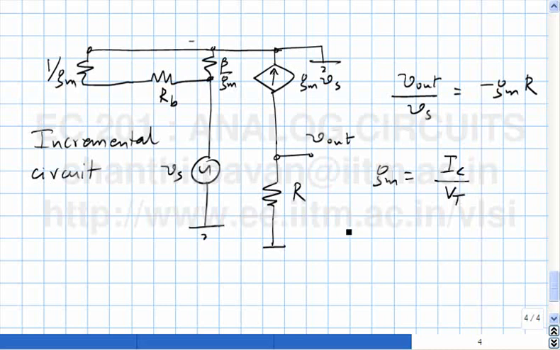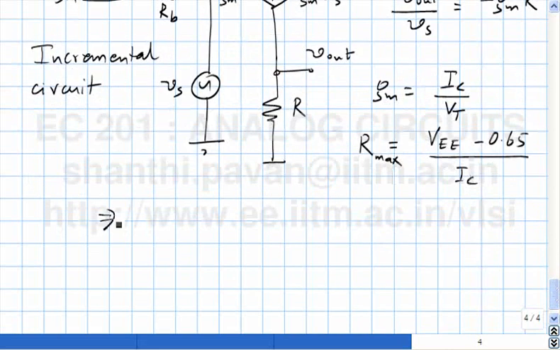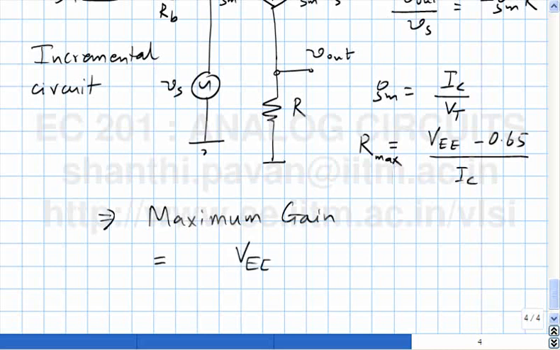So the maximum value of R I can choose is VEE minus 0.65 divided by IC. So the maximum gain is given by VEE minus 0.65 divided by VT.